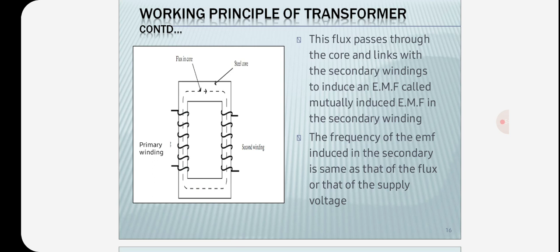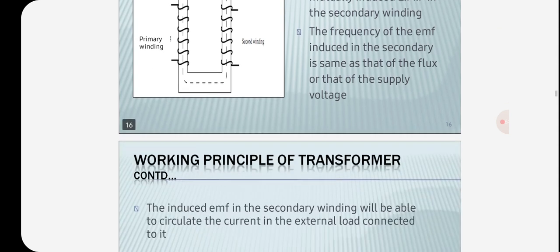A transformer essentially consists of two windings which are wound on a common laminated magnetic core. The core is made with soft iron or silicon steel laminations to provide a path of low reluctance for the magnetic flux.